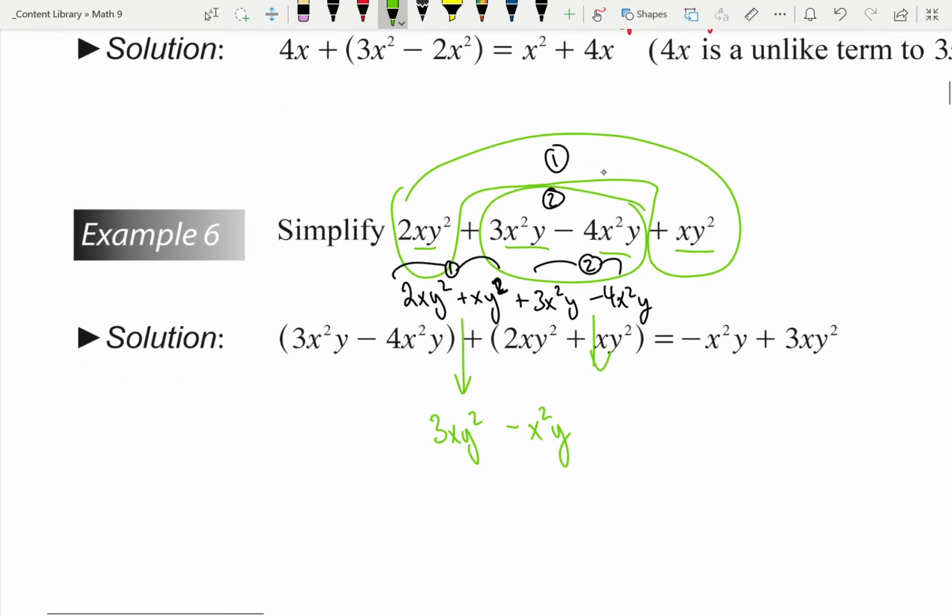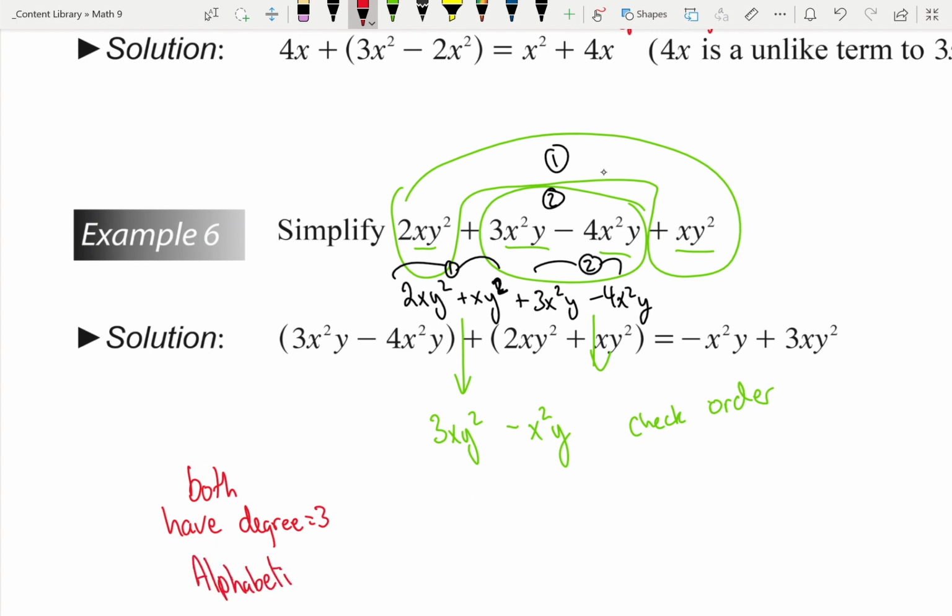And then my last check is order. So one of the things I'll notice is both have the degree equal to 3. So I'm thinking alphabetical. They both have x's, but I notice that this one has x squared, whereas this one only has x to the 1.